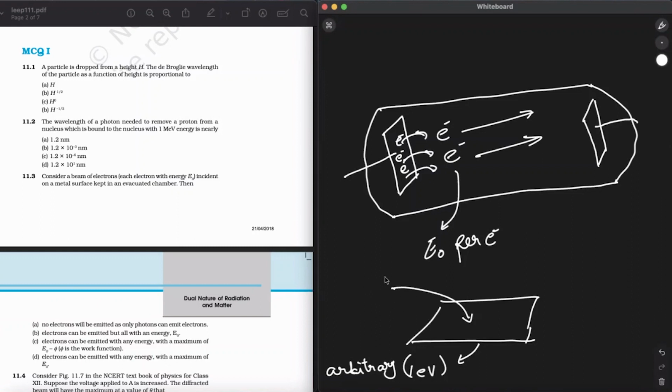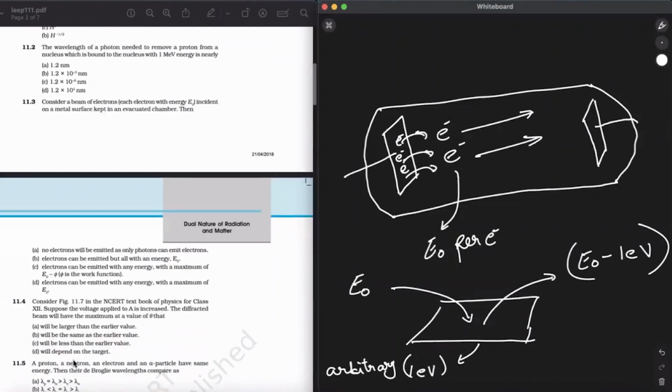If I put an incident electron over it with an energy of E naught, then the electron emitted from here will have a maximum of E naught minus 1, because 1 electron volt has been used up in getting this electron free from the metal surface. The rest of the energy may be transmitted, because collisions happen and energy is decreased, but we can say the maximum will be this value. So this is the concept, and the correct option is option number D.